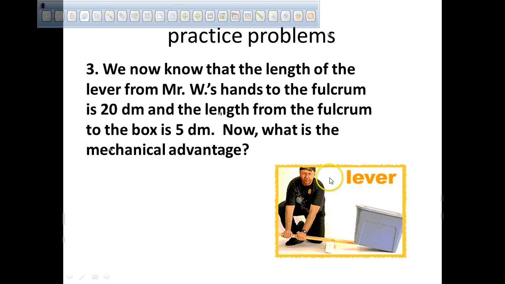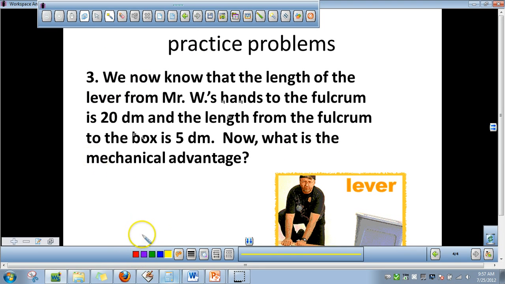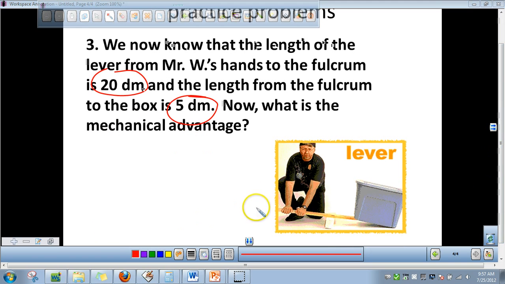Notice here, it's the same picture. It's the same lever, it's the same object, and it's the same person. But instead of giving us forces, the information we're given to use is length. So let's figure out which lengths, or distances, we're talking about.